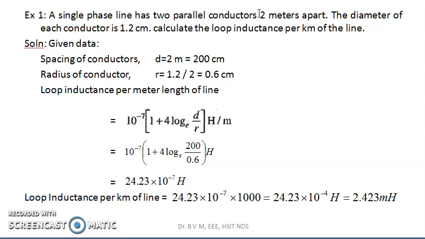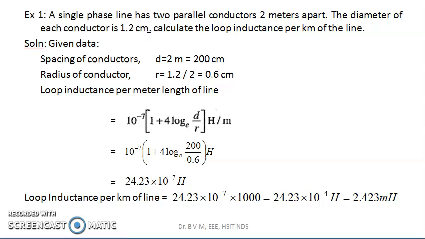He has given the two conductors are spaced 2 meters apart. Therefore, D is equal to 2 meter, which is equal to 200 centimeter. Why I have taken 200 centimeter? Because the diameter of the conductor is given in centimeter.